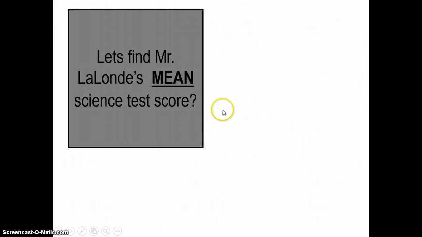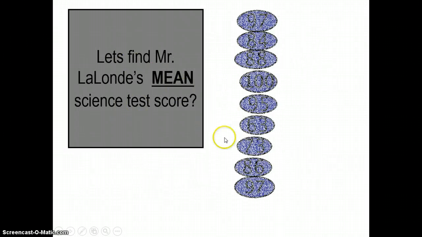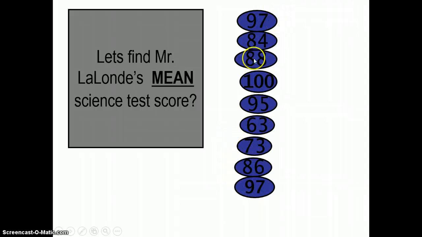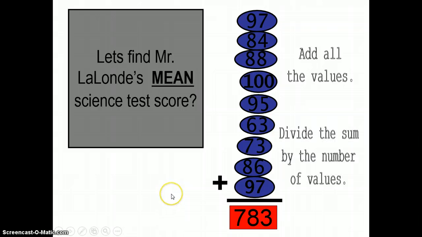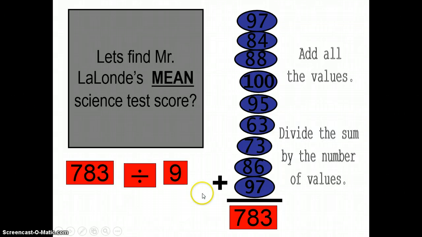Okay, so let's find the mean of my test scores. If we take all of the values, so this is all 9 of the values, if we add those up, we get 783. So you take your calculator, you add all of these numbers up to get 783, and then we simply have to divide by the number of values, and again, there are 9 of them.